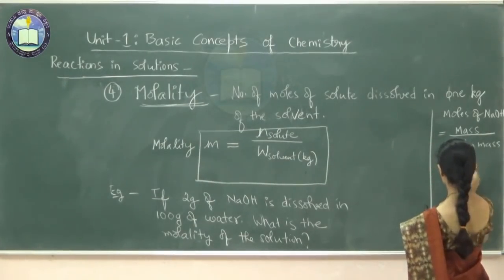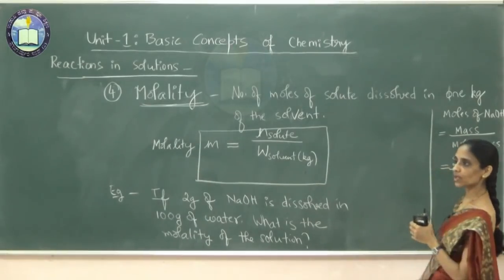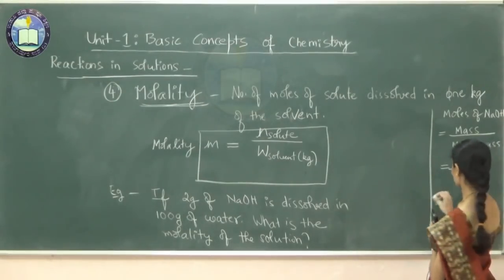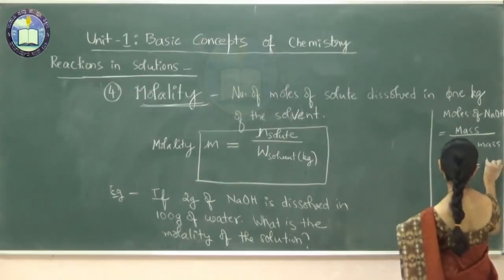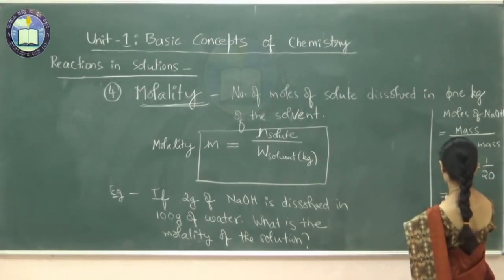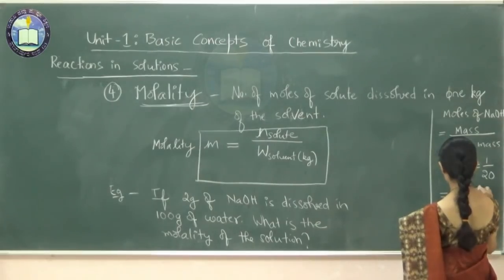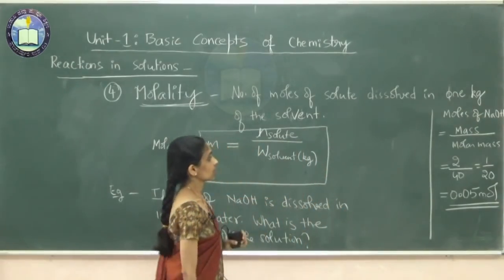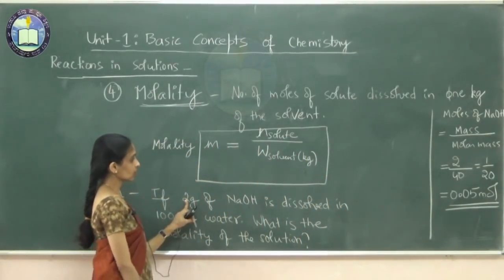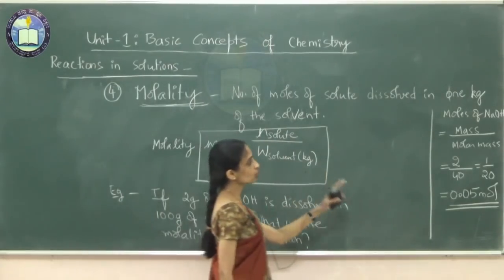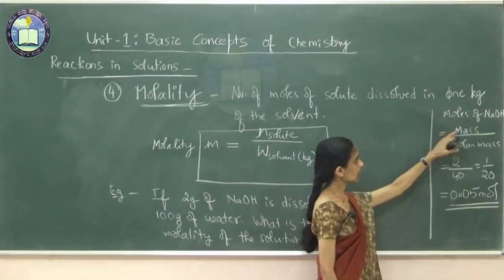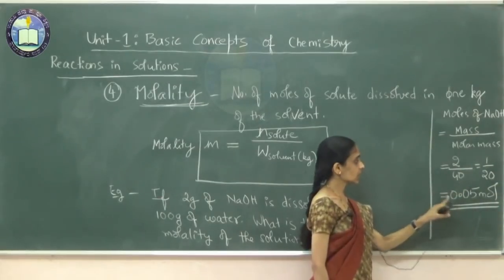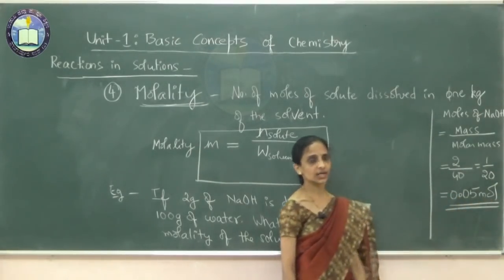It is 2 gram given. How much is the molar mass? You know, in the previous problem you found out it is 40 grams. So, it comes out to be 1/20, that is 0.05 mole, correct? So, mass is given in the problem as 2 gram, but I want moles. I will convert mass to moles by dividing mass by molar mass. I will get the answer as 0.05 mole.